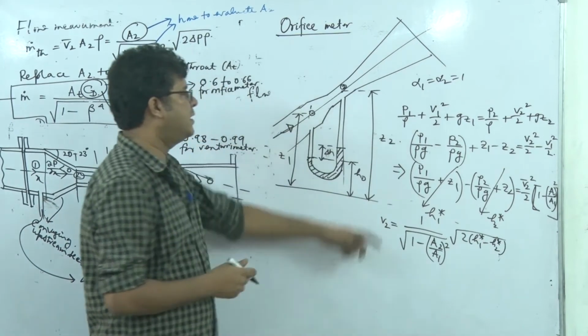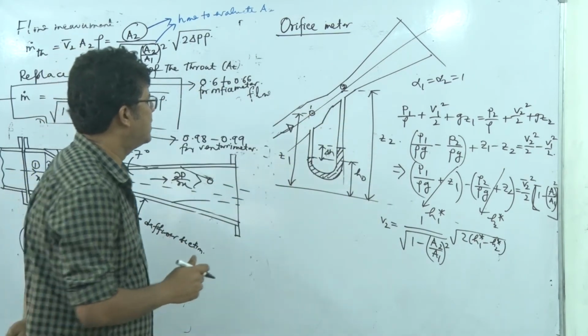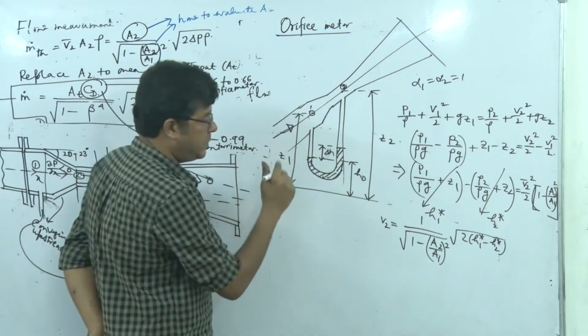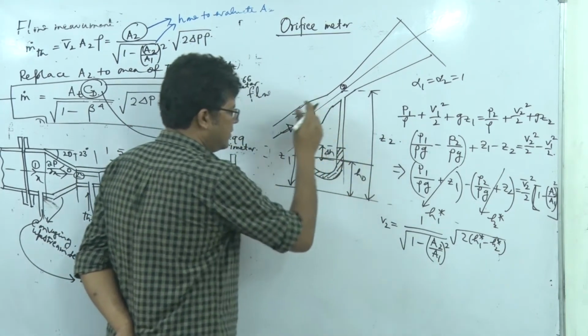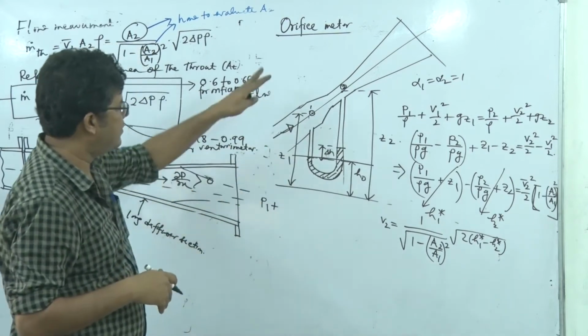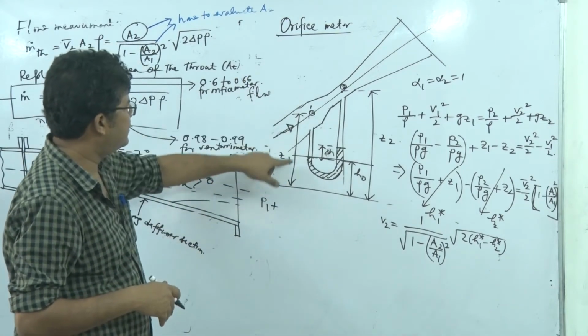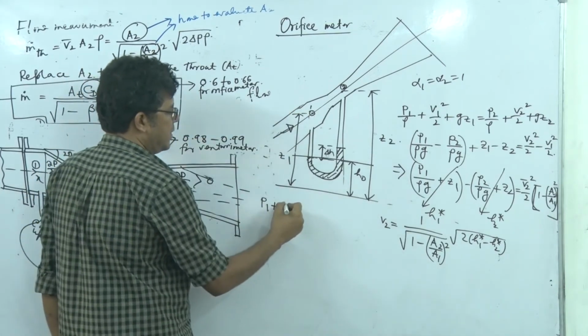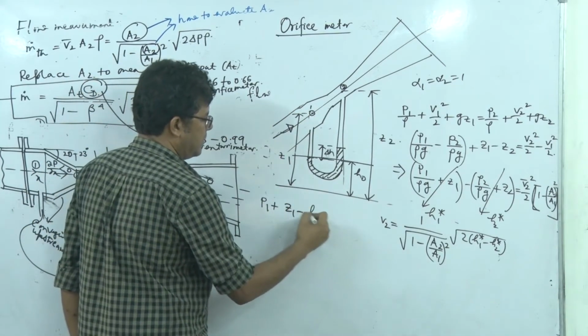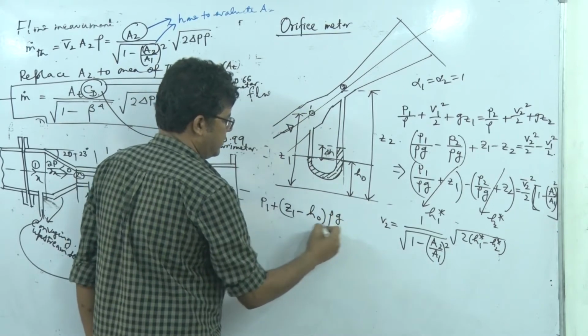Right? Now let's think about the manometer reading. Here the pressure, let's say it's P1, and let's consider this is the surface over which we are balancing the pressure on both sides. So that's P1 plus, on this side, Z1 minus H0 into rho into g.